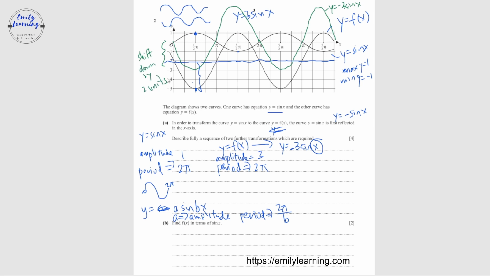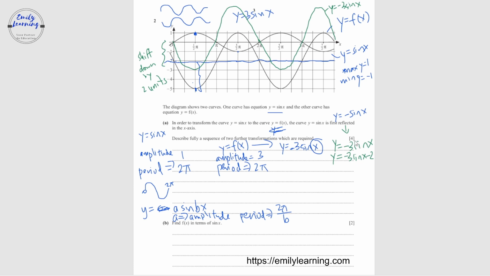Okay, so we know that we need two transformations, right? First, I need to go from y equals minus sine x to y equals minus 3 sine x. Next, I need to shift it down by 2 units. Shift it down by 2 units, that means I minus 2 here. So what is the transformation that goes from y equals minus sine x to y equals minus 3 sine x?